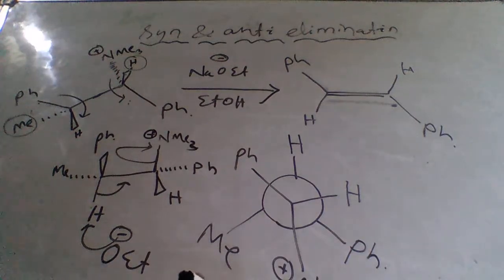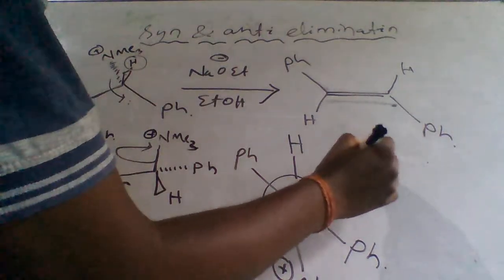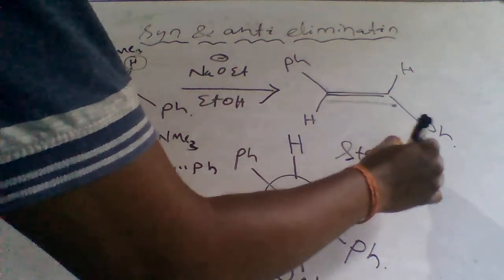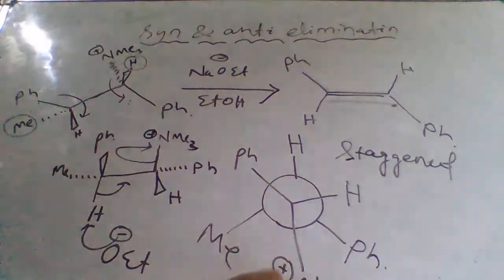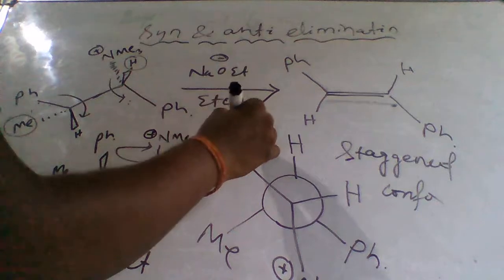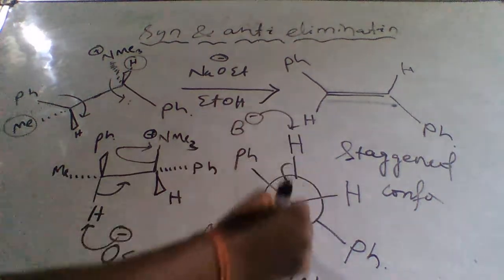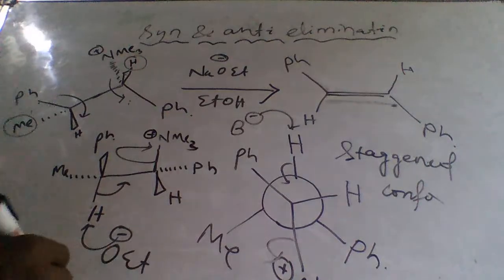See, this is the Newman staggered conformation, and the base will attack here, and this bond will go away, and this will go away.